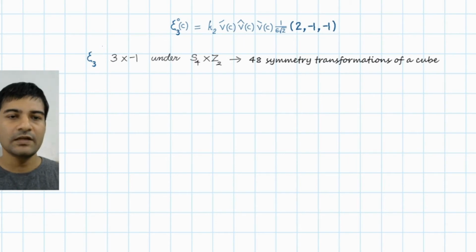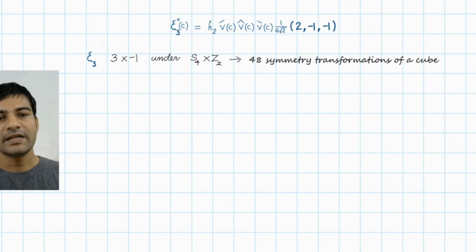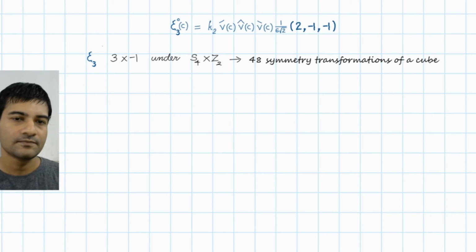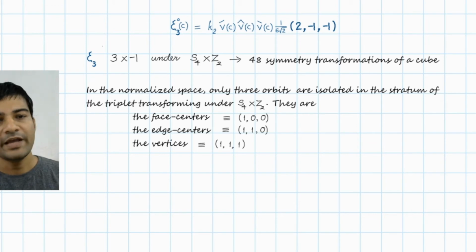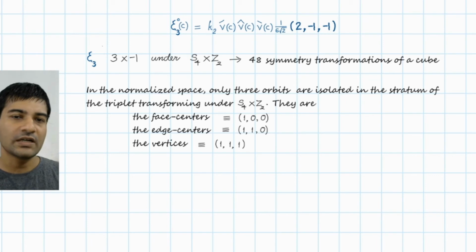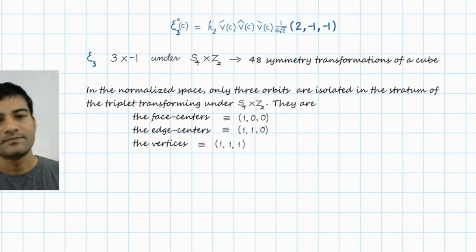The effective field Xi3 transforms under the group S4 cross Z2. This group is the symmetry group of a cube having 48 elements. In the normalized space of a triplet transforming under the symmetry group of a cube, we have only 3 orbits which are isolated in their strata.